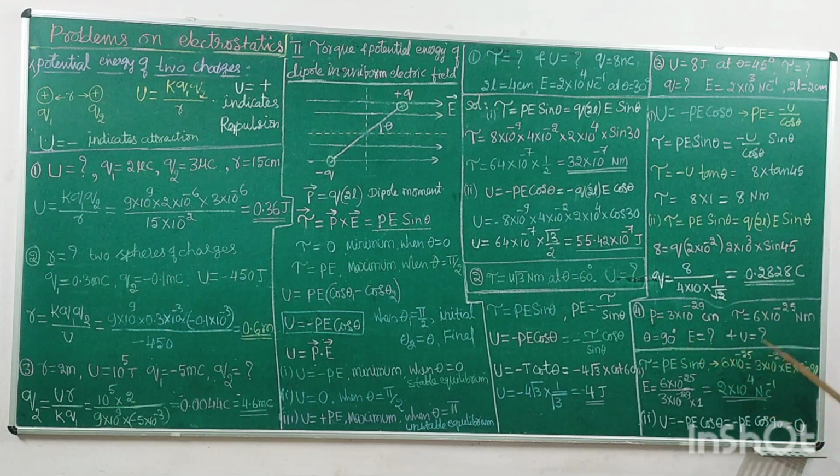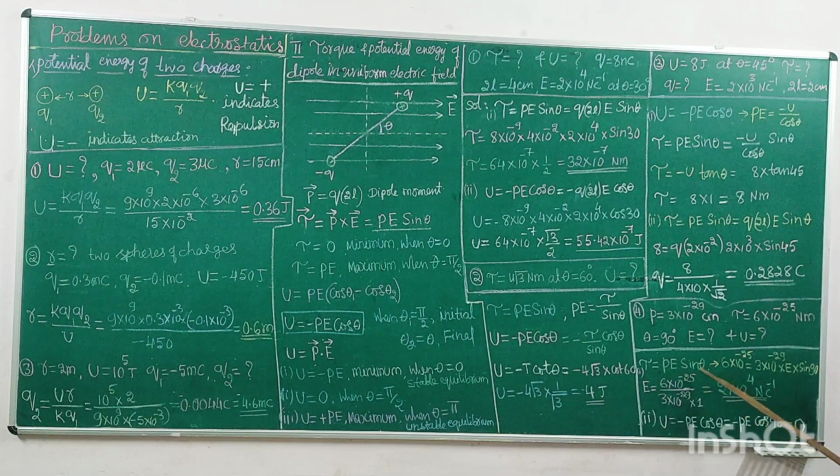So the last problem is, the data is given here. The dipole moment of the dipole is given, that is in coulomb meter, and torque of the dipole is given, and theta value is given. You are supposed to calculate the electric field strength of the field in which this dipole is placed, and also the potential energy of the system. So write the equation, because T is given, write the T equation.